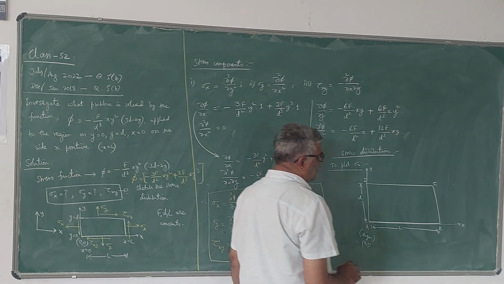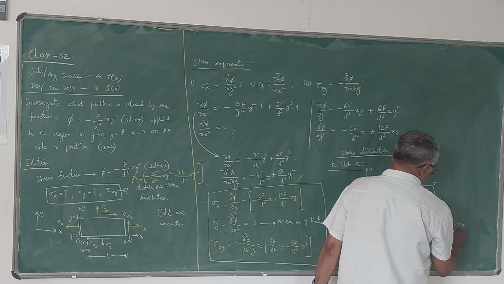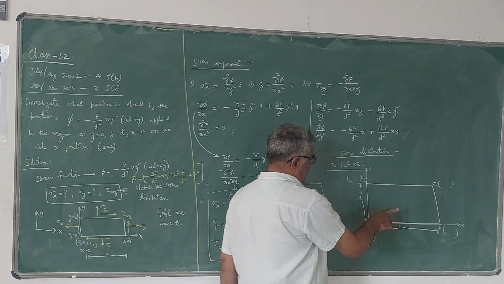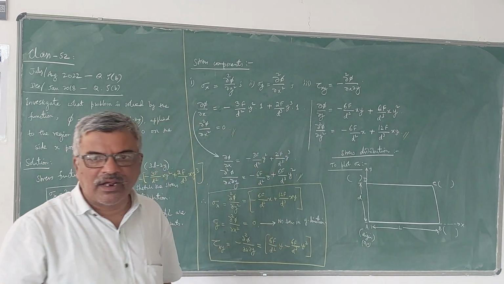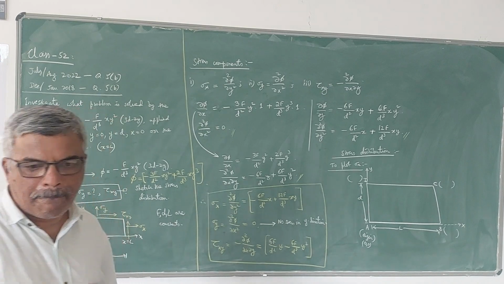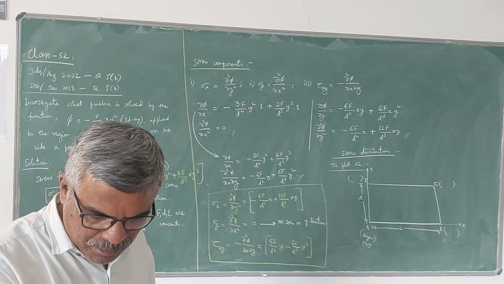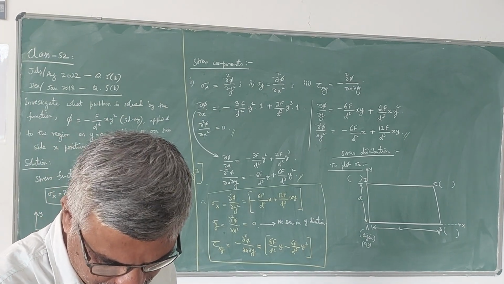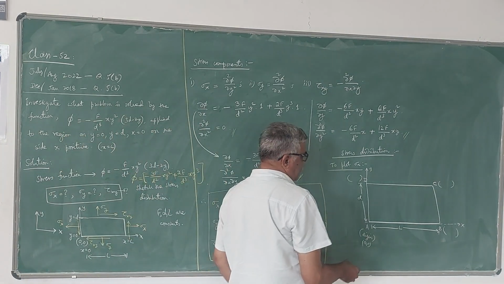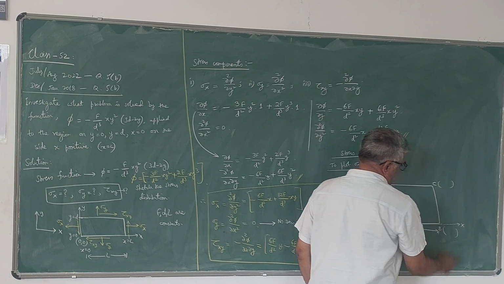Now can you tell me what are the coordinates of B, C, D? You know the values of x and y. What are the coordinates of B? Simple, is it? What is the value of x here?